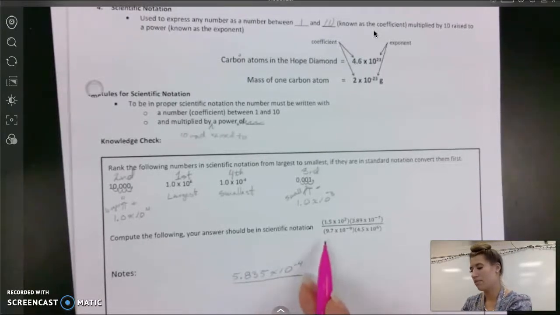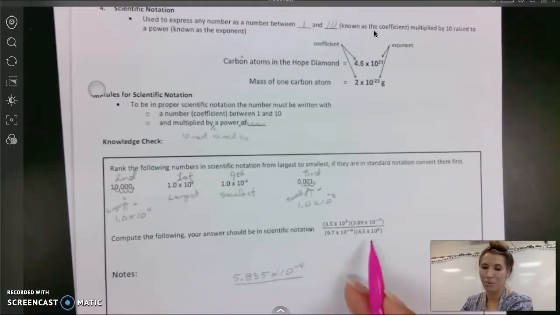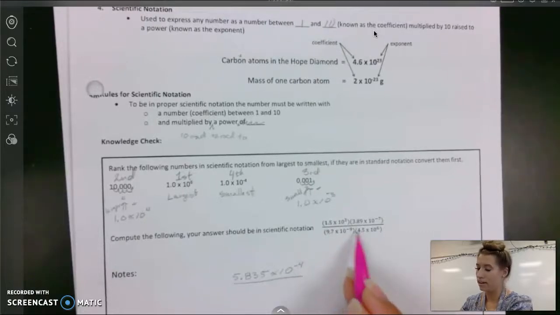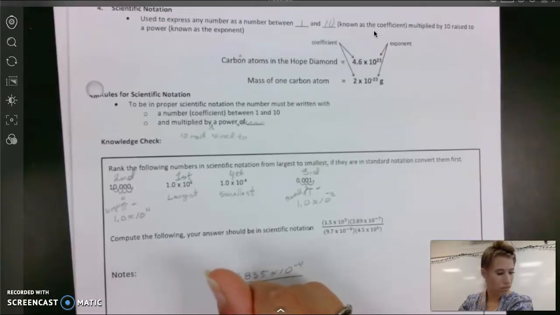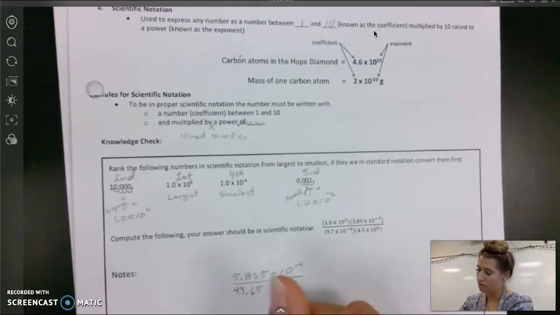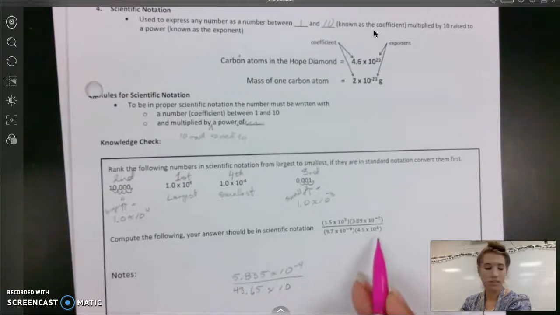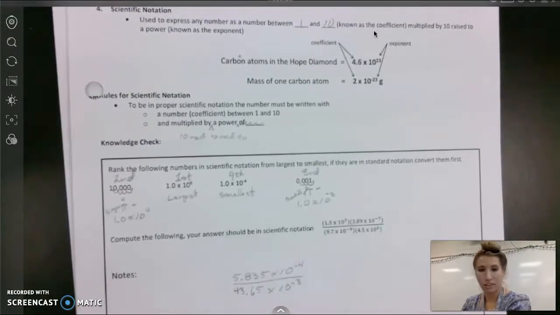We're going to take 9.7 times 10 to the -9, multiply that by 4.5 times 10 to the 6. Multiplying scientific notation. So multiply the coefficients, add the exponents. So 9.7 times 4.5, I'm getting 43.65. Okay, times 10, so we're going to add these together. -9 plus a +6 is going to give us our -3 exponent.